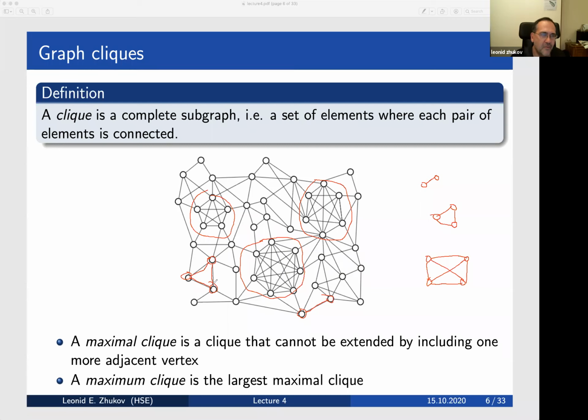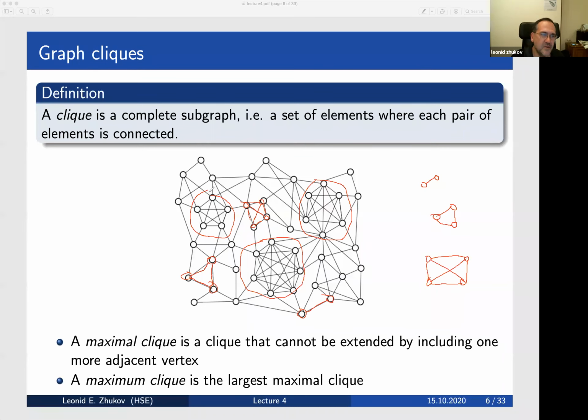And then let's say we can take these 4 nodes. These are not cliques because these are nodes, right? These are edges. What's missing is this edge. If this edge were present, that would be a clique. But it's not, so it's not a clique.